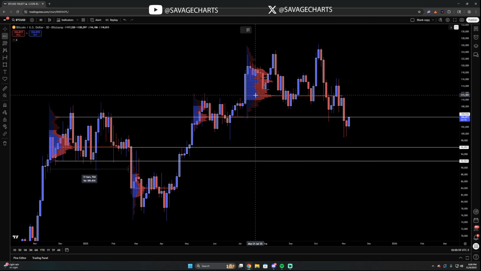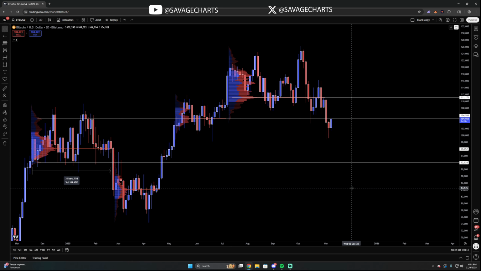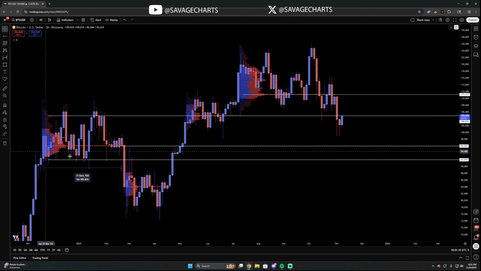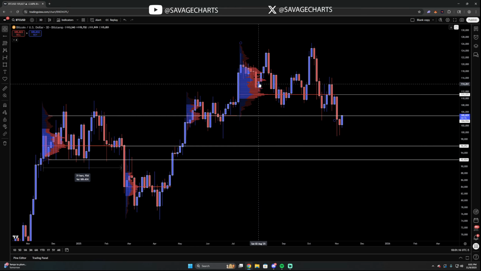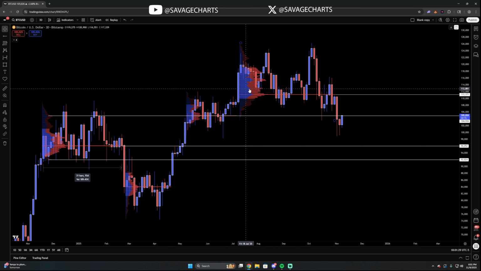So again, going to do it right here. Major resistance is going to be right there at that 111K. Spend a lot of time up here. In fact, this is really important. If you look at all four of these volume profiles right here, you can see there's a lot of volume up here, a lot of hands, traded positions, or positions traded with different hands, however you want to call it.